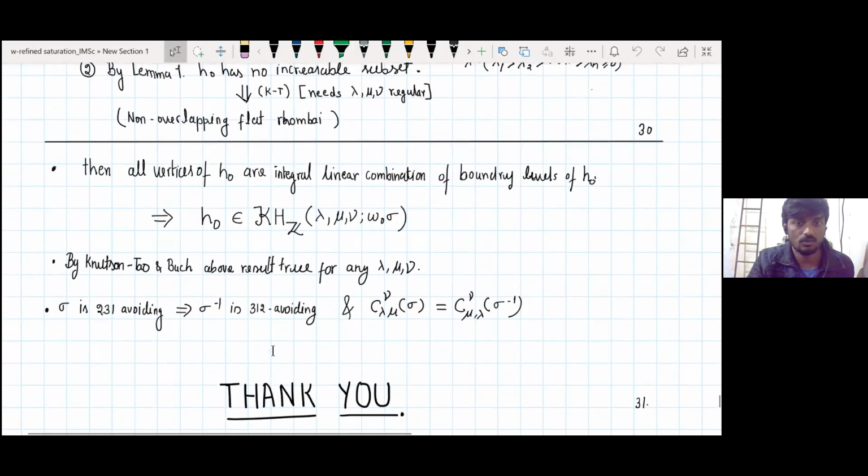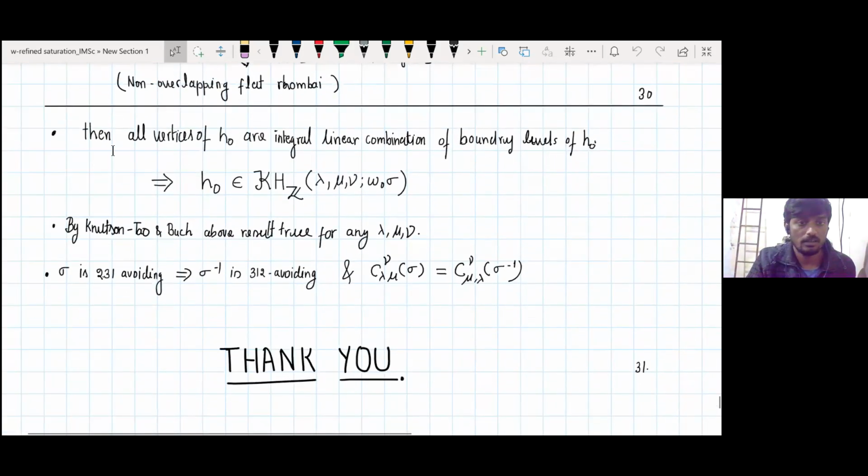By these two conditions, we can conclude that all inner vertices of H naught are integral linear combinations of the boundary labels, so it is an integer solution. H naught belongs to the integer polytope.